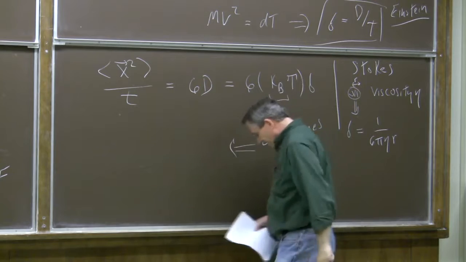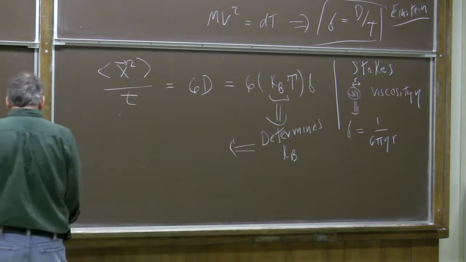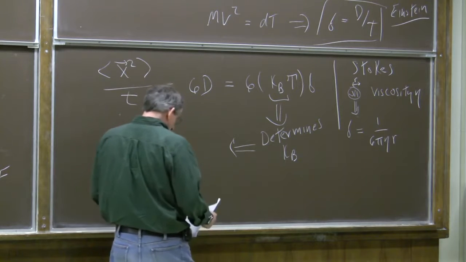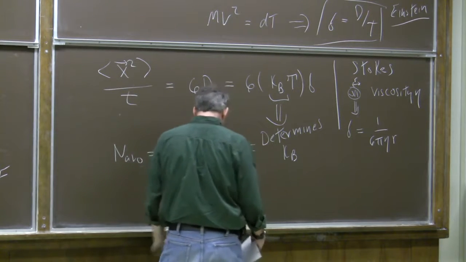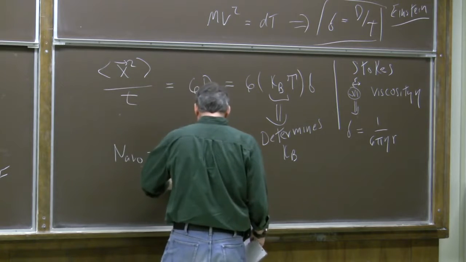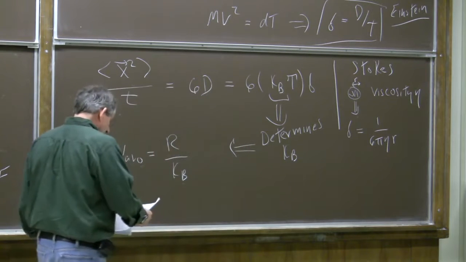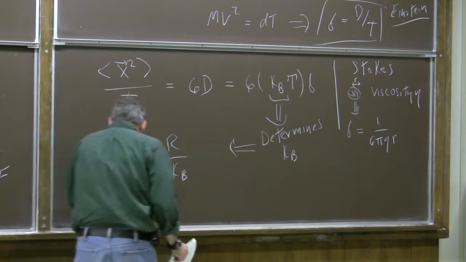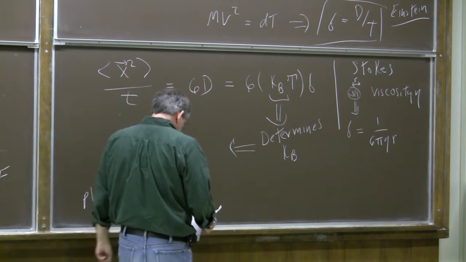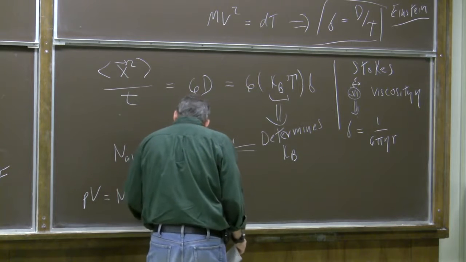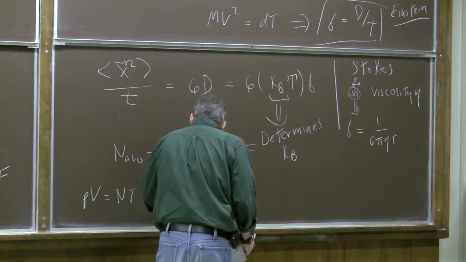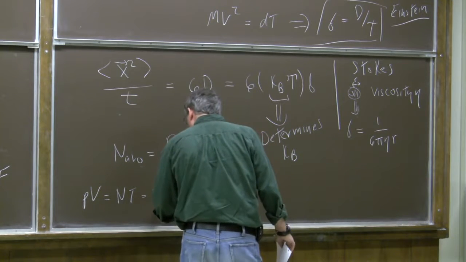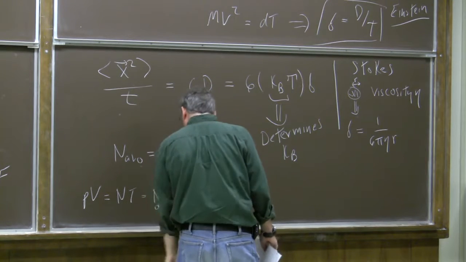And you can translate that into a statement about Avogadro's number, because the Avogadro number is the ideal gas constant R divided by Kb, the Boltzmann constant. If you write pressure times volume not as n tau like you usually do, but as nRT, where now n is the number of particles in moles.